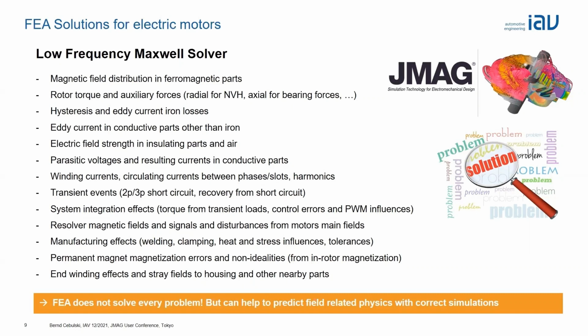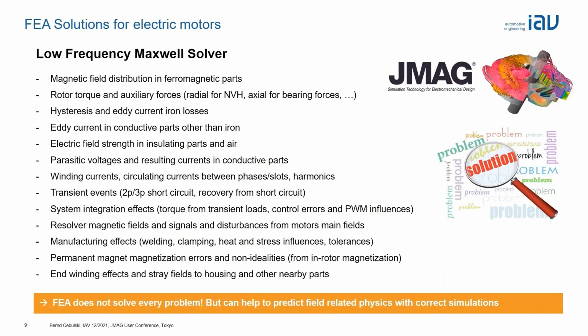Due to different manufacturing, there's a lot of influence on the magnetic and electrical properties of the different parts of the electric motor, which needs to be taken into consideration here. The same applies to the permanent magnets that have different errors or non-idealities that need to be covered if you want to reach a high level of accuracy.